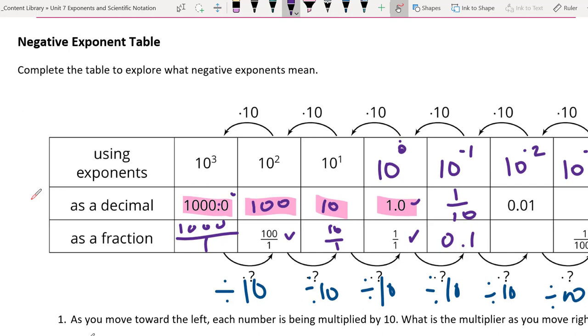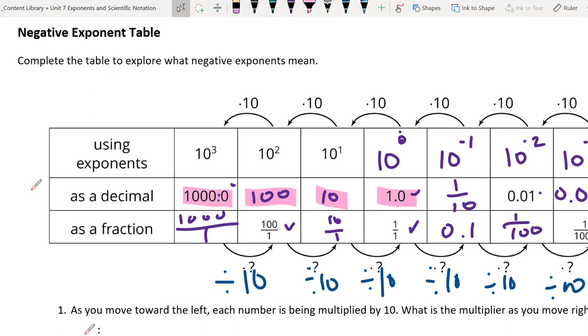Okay, so if I continue that pattern, divide by 10. They've already given us the decimal there, so 1/100th. If I divide by 10 again, there is 1,000th, and there's 1,000th as a fraction.